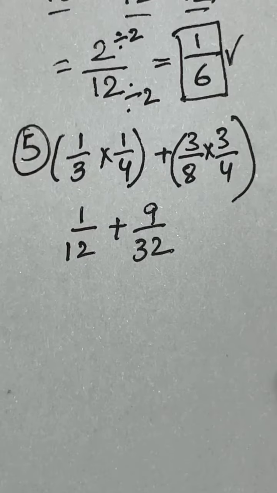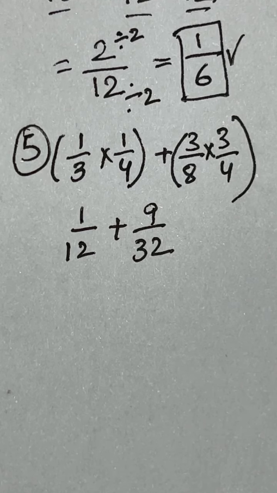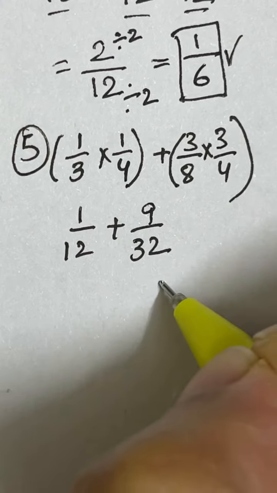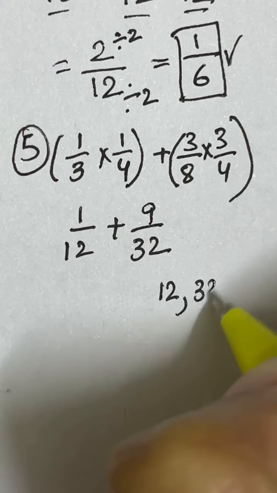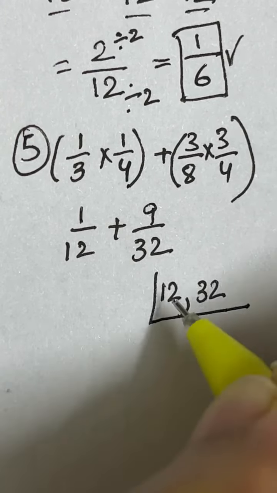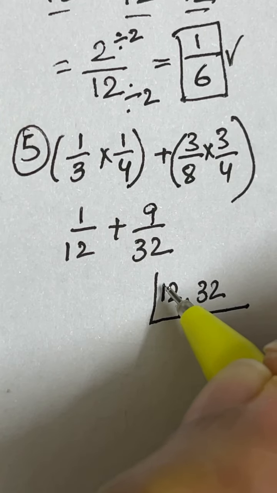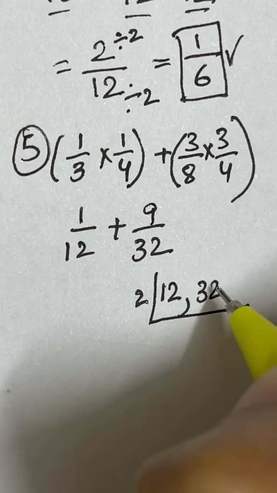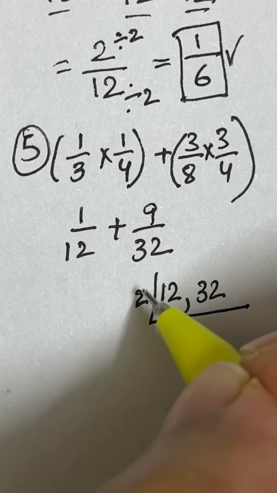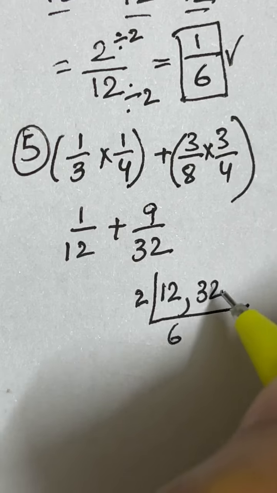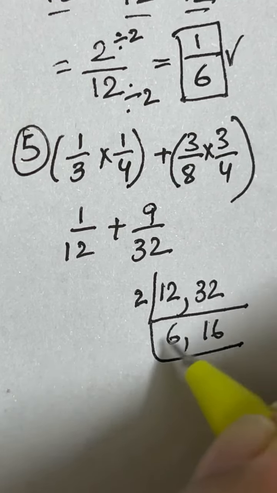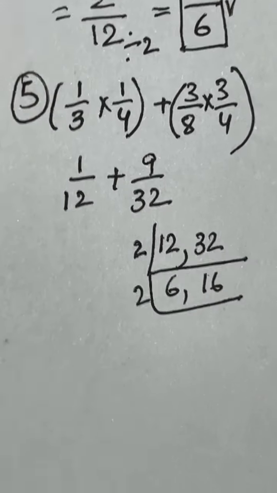Now you have addition. For addition and subtraction, you need to take out the LCM. So what's the LCM of 12 and 32? Just take 12 and 32, and let's divide by 2, because both numbers are divisible by 2. 12 divided by 2 gives you 6. 32 divided by 2 gives you 16. Now I have 6 and 16. Again, they can go in the 2 times table.